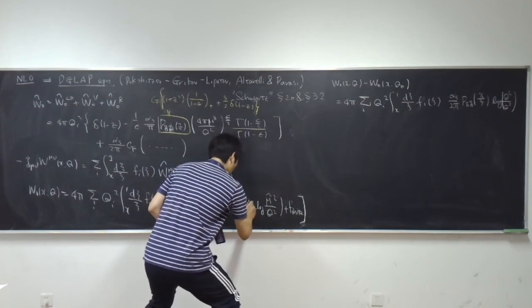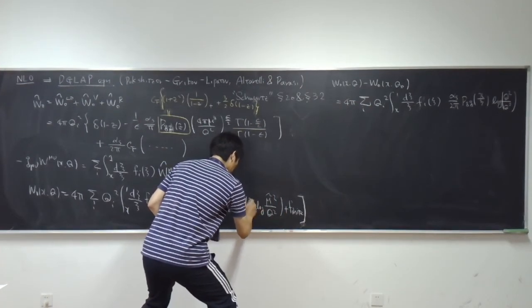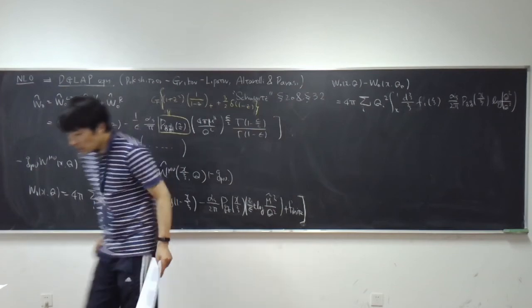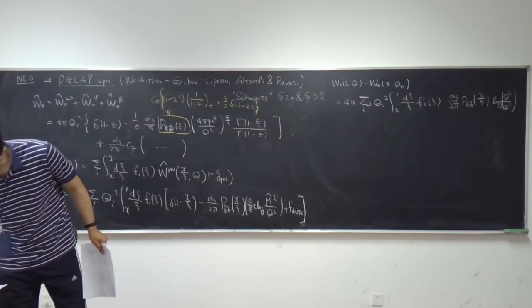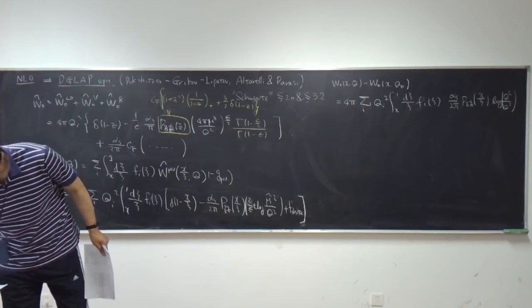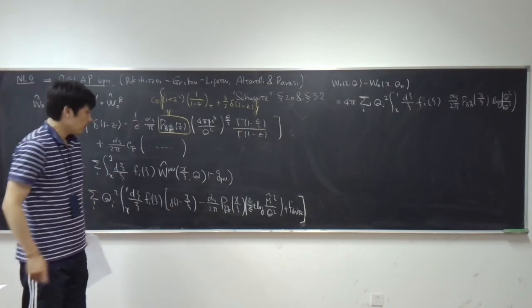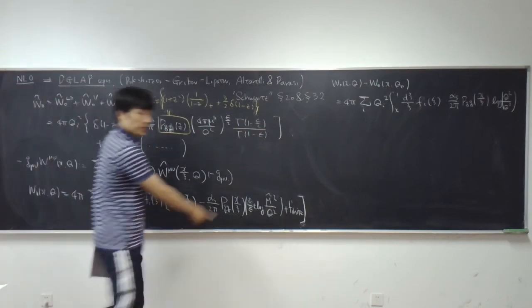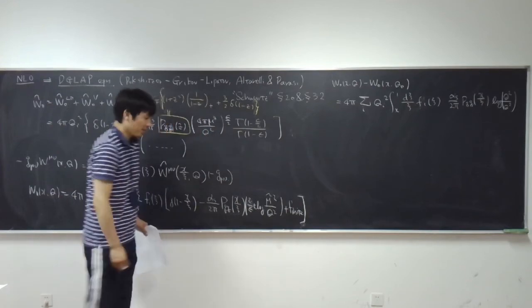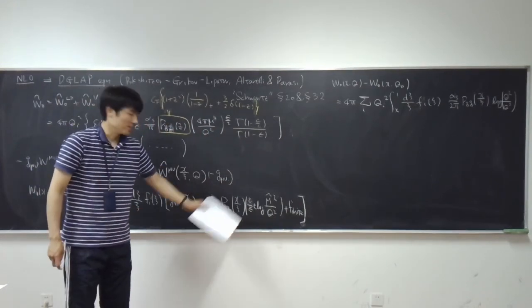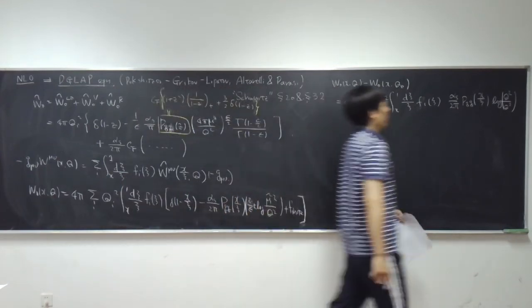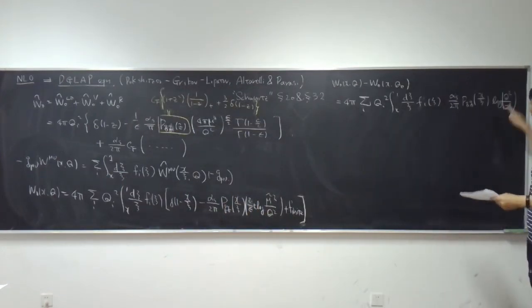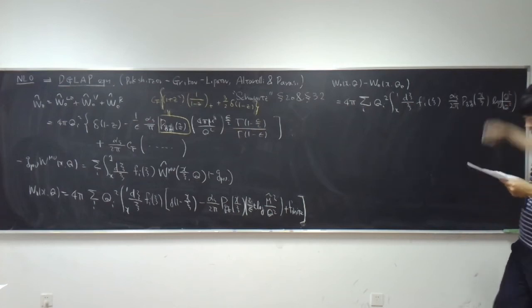This is 2 over epsilon; 2 over epsilon is missing. Somebody should tell me. So please add 2 over epsilon here. I didn't include this one. And so the 2 over epsilon just cancels between them, and what's left is this log dependence on the energy scale.